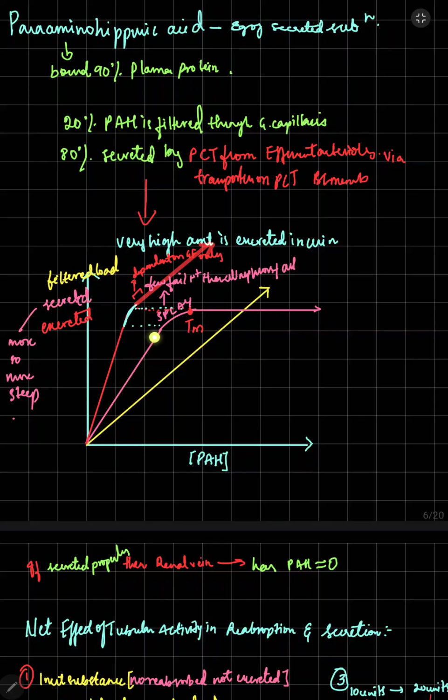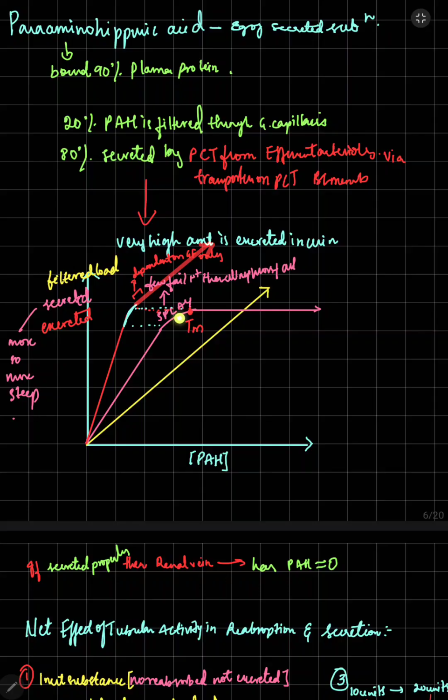So there is a linear increase, but at some point a few nephrons get saturated of PAH transport. It means they have reached their maximum capacity, and so they cannot further push out the PAH into the lumen, and hence there is a bend, because the PAH load is increasing.